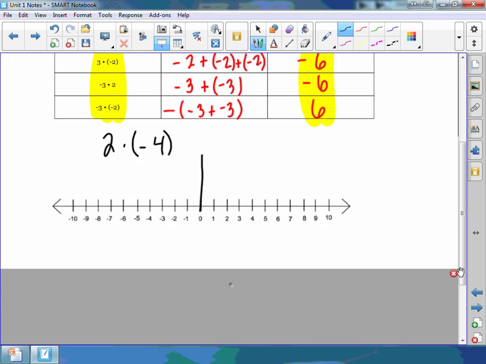How am I going to show negative 2, or 2 times negative 4? Try it on your paper first. Like, try to graph it on yours. And I don't mean that you have to use number lines when you're doing these, like from now on.